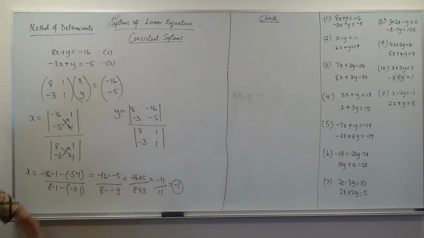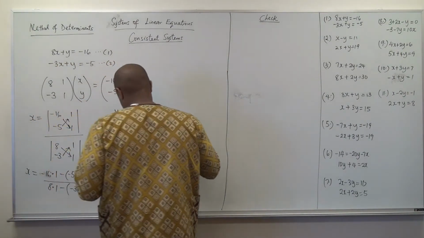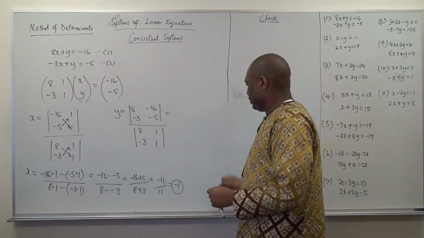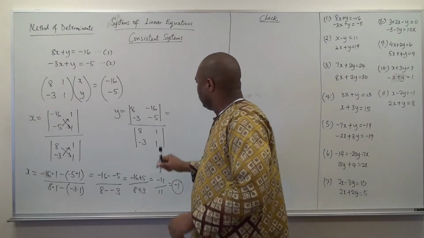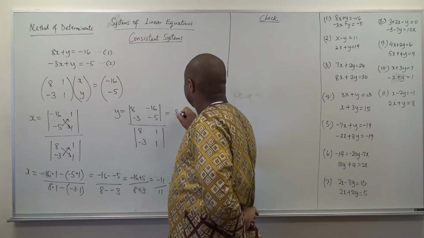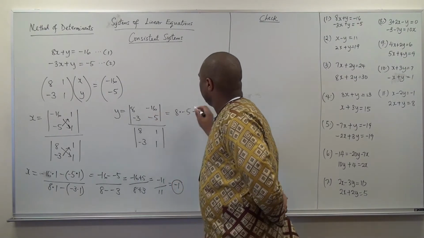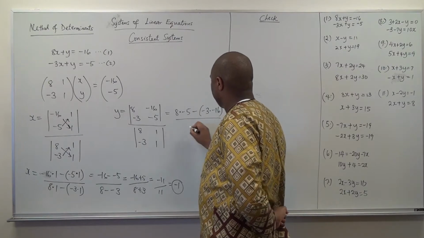You see how easy it is to just find x. And we can find y pretty much easier than that. It won't take us time now, because we already know that this will be 11. So y will be 8 times negative 5 minus negative 3 times negative 16 all over 11.